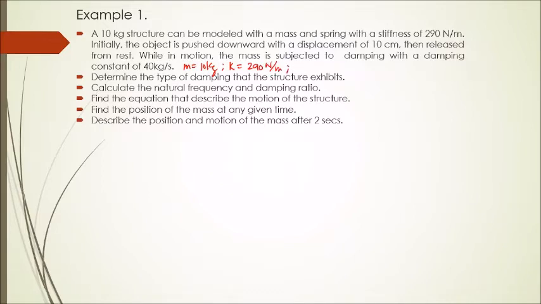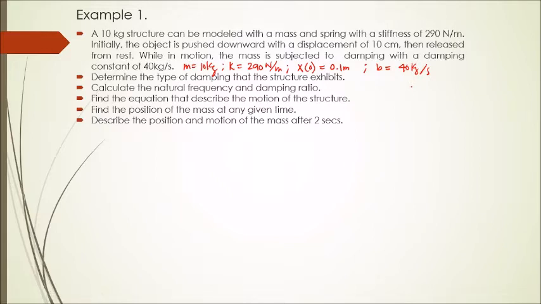Initially the object is pushed downward with a displacement of 0.1 meter, or 10 cm, and then released. The mass is subjected to damping with a damping constant of 40 kilograms per second. So B is 40 kilograms per second, and we have M, K, and B.